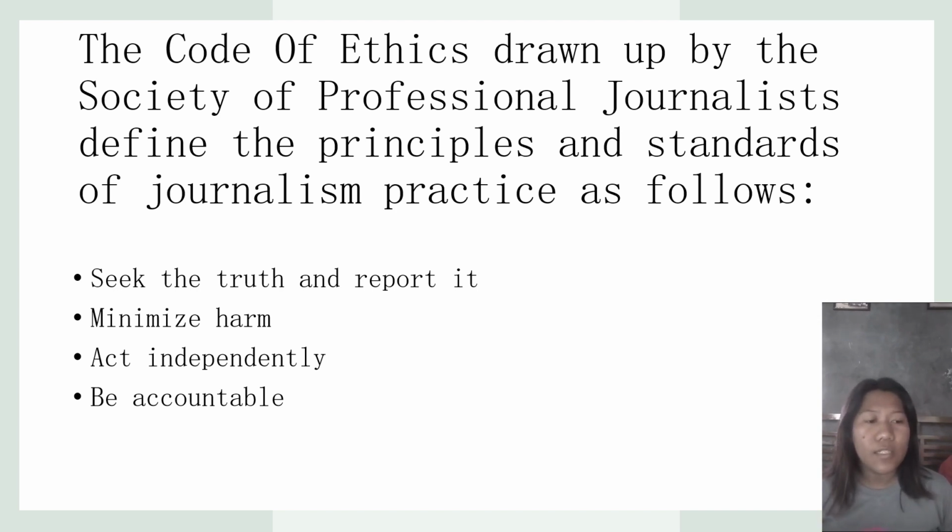Ethical journalists treat sources, subjects, and colleagues as human beings deserving of respect. Next is act independently. Okay, so journalists should be free of obligation to any interest other than the public's right to know. Okay, so the last one is be accountable. Journalists are accountable to their readers, listeners, viewers, and each other.